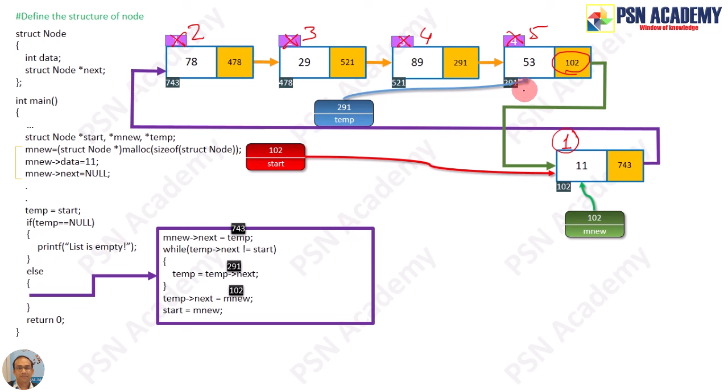So please remember this thing, that in a conventional linked list, you don't have to bother about the last node when inserting the first node in the list. But here in the circular linked list, you have to take care of the next pointer of the last node, which will be pointing to the new first node. Okay?